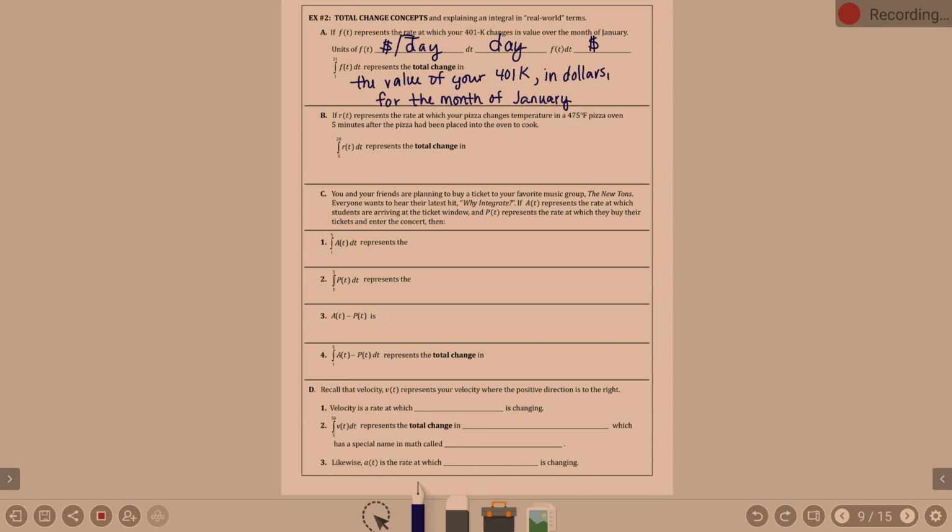Okay. B. If R of T represents the rate at which your pizza changes temperature in a 475 degree pizza oven 5 minutes after the pizza had been placed into the oven to cook. Okay, so kind of what we did earlier. The integral from 5 to 20 of R of T dt represents the total change in temperature over the time.